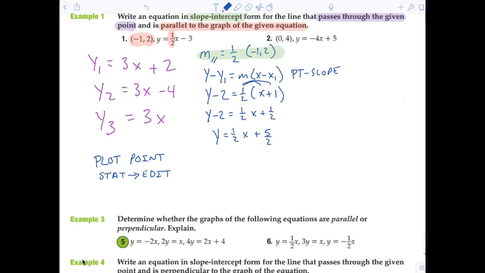As soon as it becomes gray, hit graph, and do you see the point? Isn't that cool? Your calculator has the ability to plot points. You gave the calculator permission to plot points.